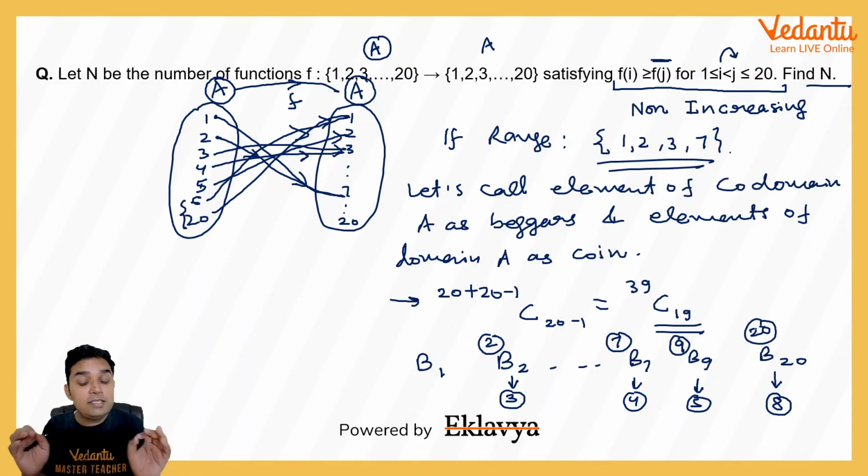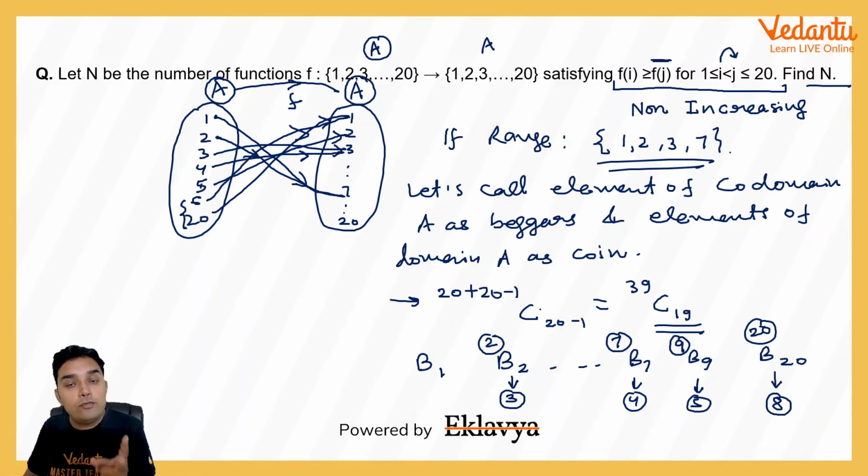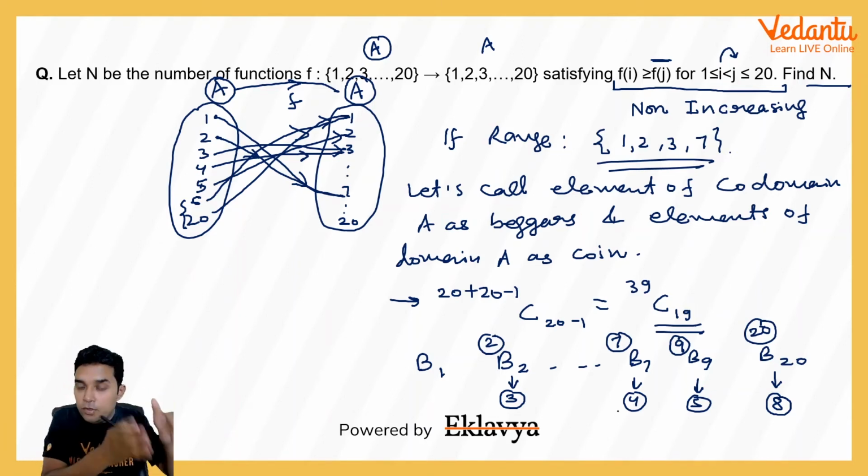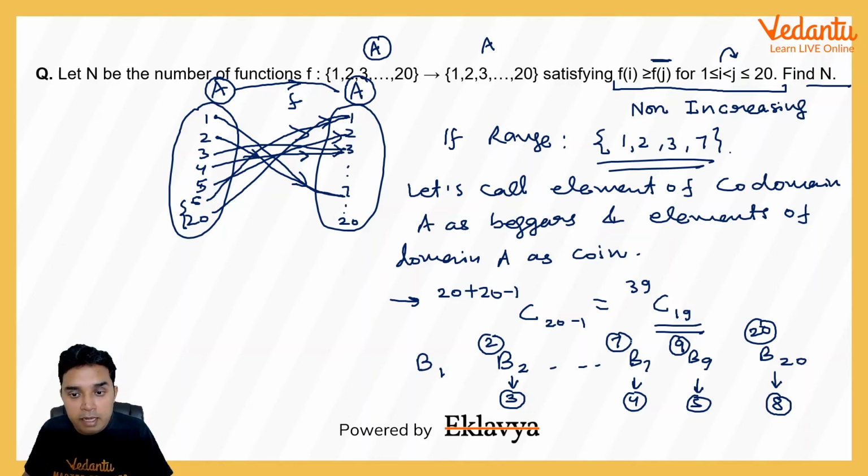Now please listen carefully. Doesn't that mean this element 2 of codomain will be connected with exactly 3 elements of this domain? Similarly, element 7 will be connected with exactly 4 elements of this domain, and so on. But because it's a non-decreasing function, can we say that the first 8 elements, meaning 1 to 8, will be connected to this 20th element?